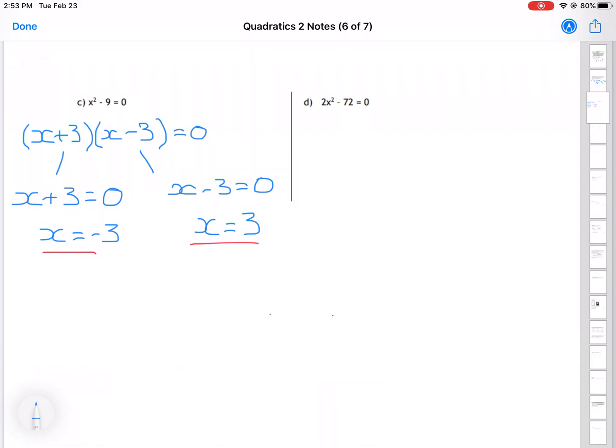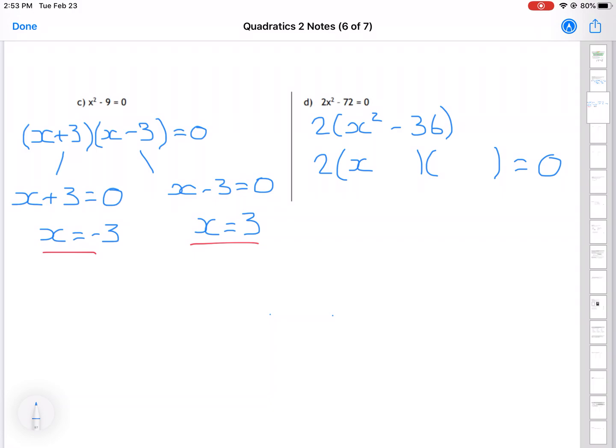Question D, in this case, we can first take out a common factor. So we have to be wary of everything that we can do to factorise the left-hand side. First thing we can do is take out a common factor of 2, but then inside the bracket x squared minus 36, we can also factorise that into 2 separate brackets.